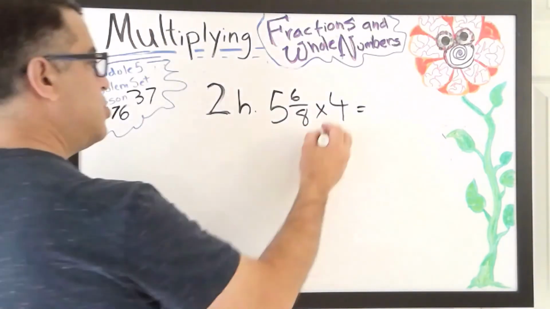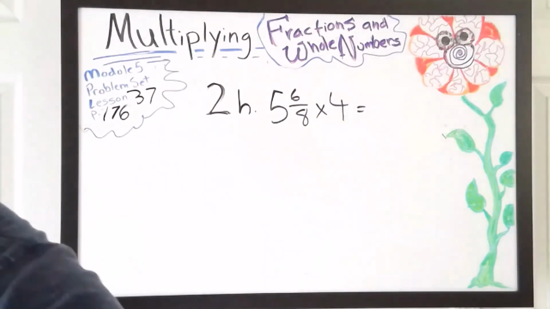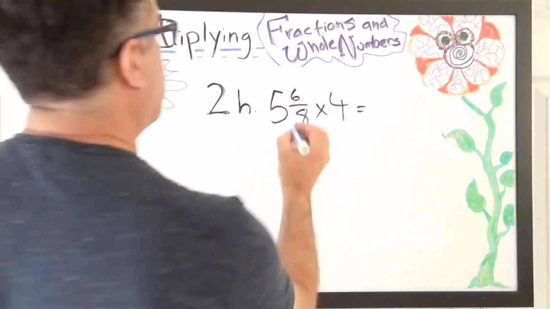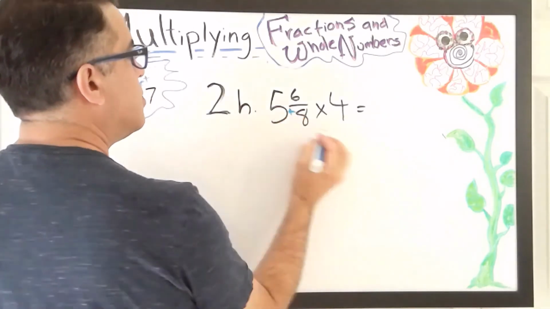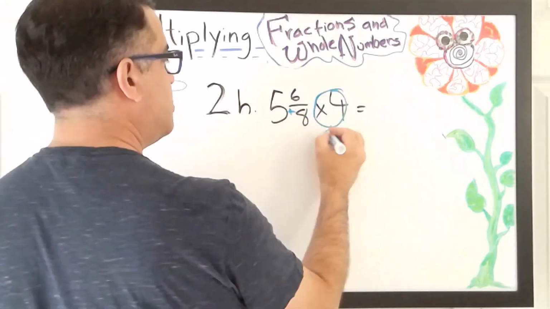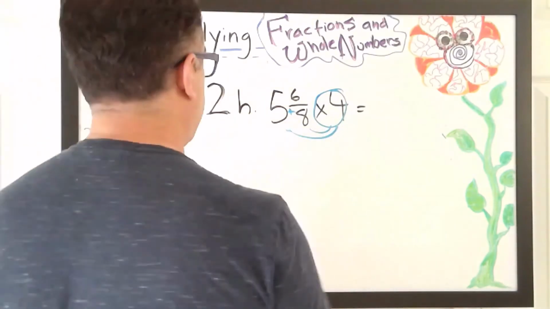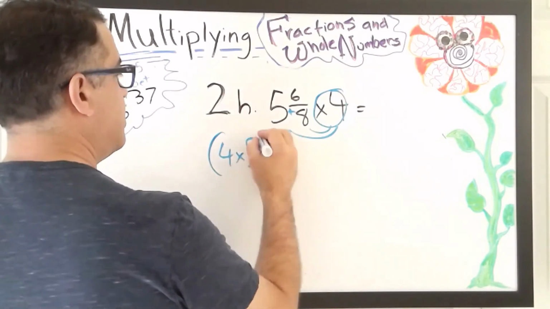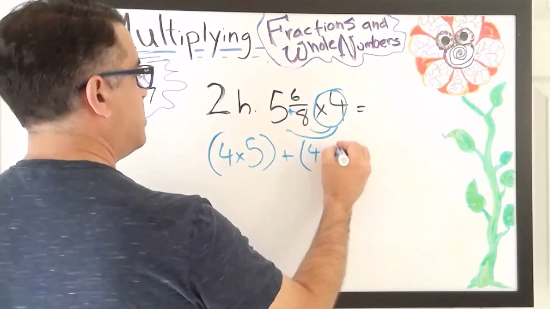I want to distribute the 4 times the 5 and times the 6/8, because remember, there is a plus sign right here in this mixed number. Okay? So we want to distribute the 4 times the 6/8 and the 4 times the 5. So let's rewrite that as 4 times 5 plus 4 times 6/8.